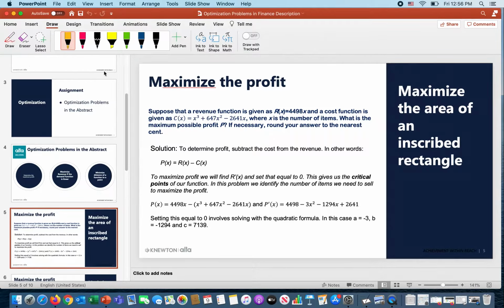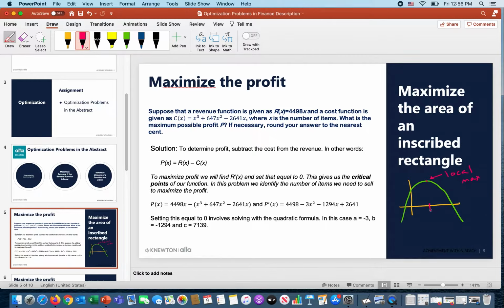Just to drive home the point of what we just came out of, we have a graph here, and I have this function that looks a little bit like this. This point right here is called the local max.